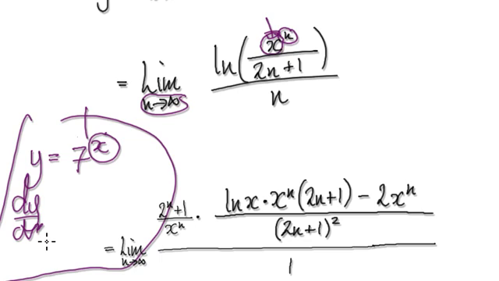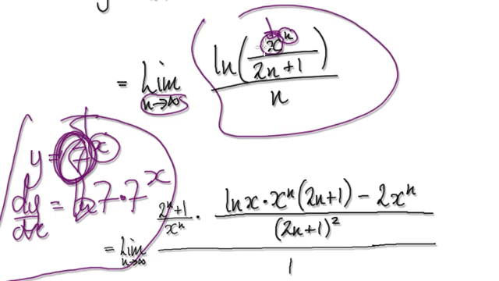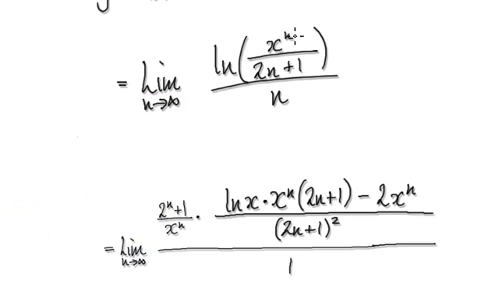Here, dy by dx would be natural log of 7 times 7 to the power of x. That's how you would differentiate it. So the point I'm trying to make is that in our scenario here, x is a constant. When you differentiate this, just remember it is the n that's moving about, and it is the x that's a constant.